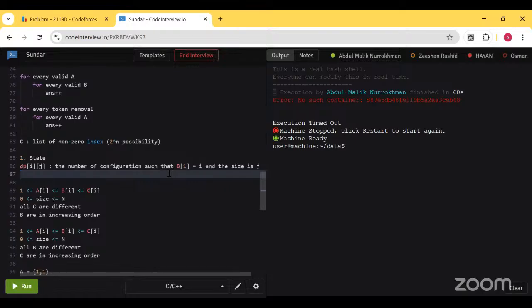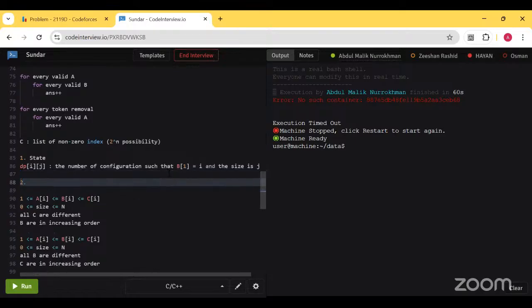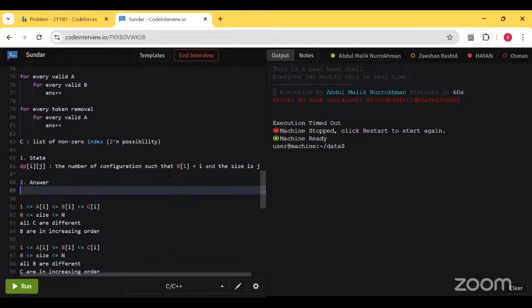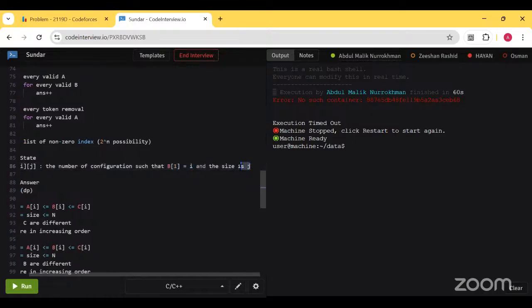Okay. So what is the answer? Of course, the answer is the sum over all dp_{i,j}, right? The first value can be any value and the size can be any size, right?